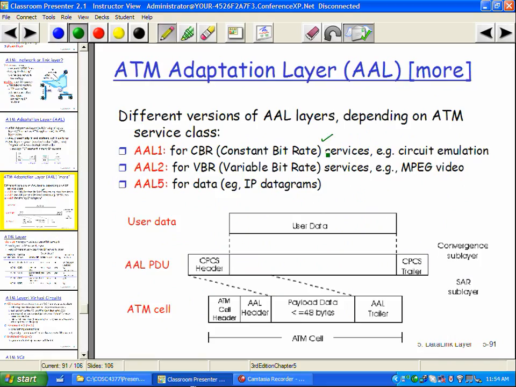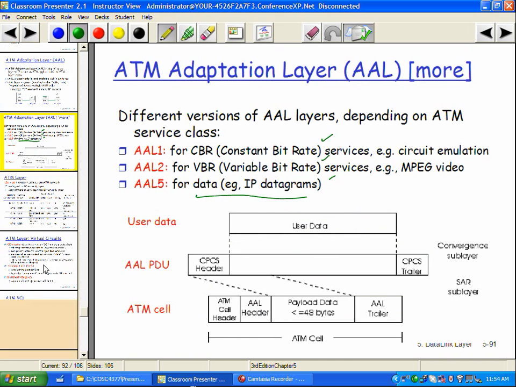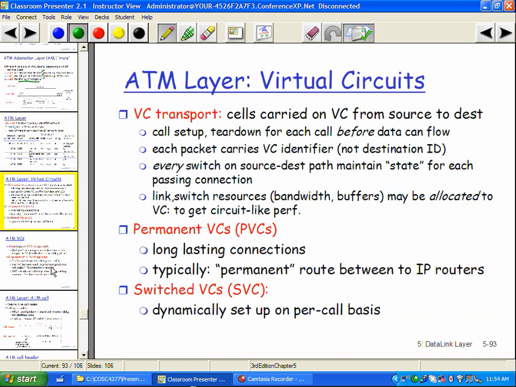You can provide different qualities of service in ATM. Can be constant bitrate, variable bitrate, which are higher level services, and then for the regular IP type services also. So we've seen this table already.